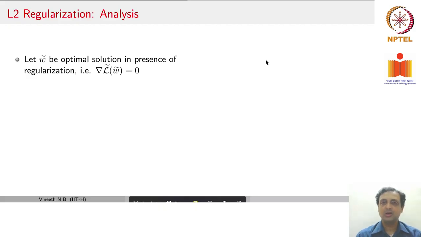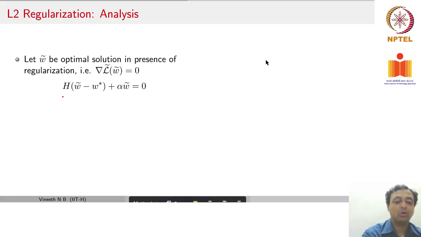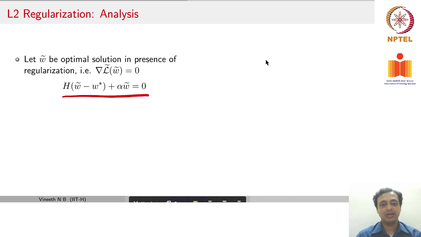Let's now consider W tilde to be the optimal solution in the presence of regularization, which means grad of L tilde at W tilde is going to be 0, which means H (W tilde minus W*) plus alpha W tilde is equal to 0, because we just showed on the previous slide that grad of L tilde can be written this way.